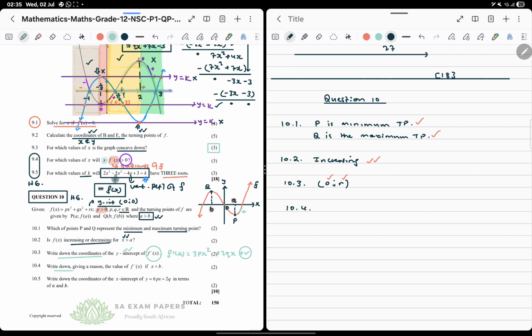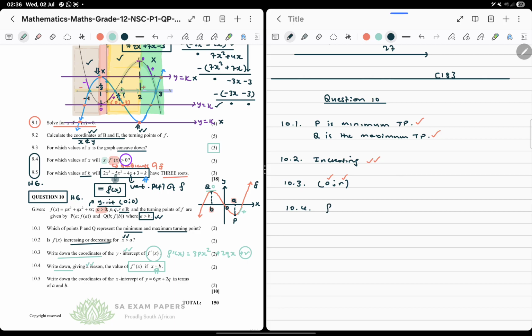10.4, write down, giving a reason, the value of f prime of x if x is equal to b. So we know there that the gradient, because f prime is the gradient, so the gradient at the turning point is 0. It's a horizontal line, so it's a 0 gradient. So what is that? It says write down the value.